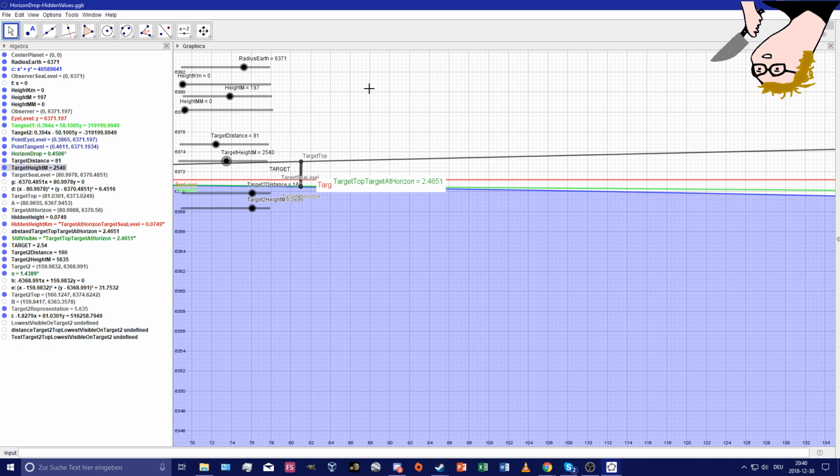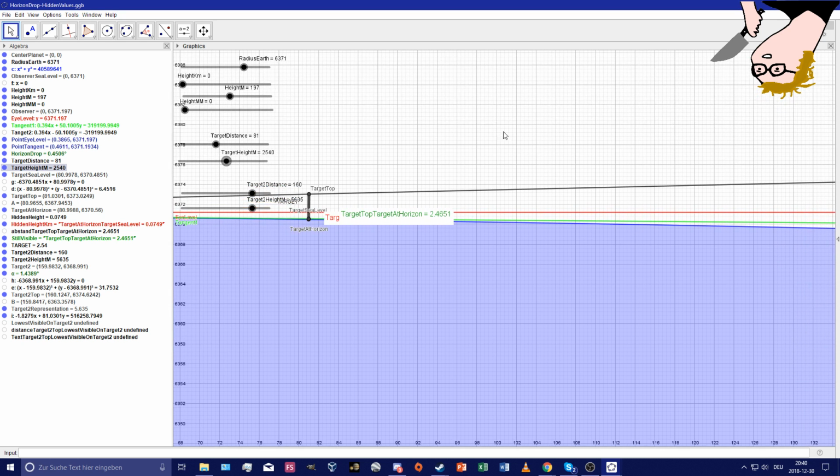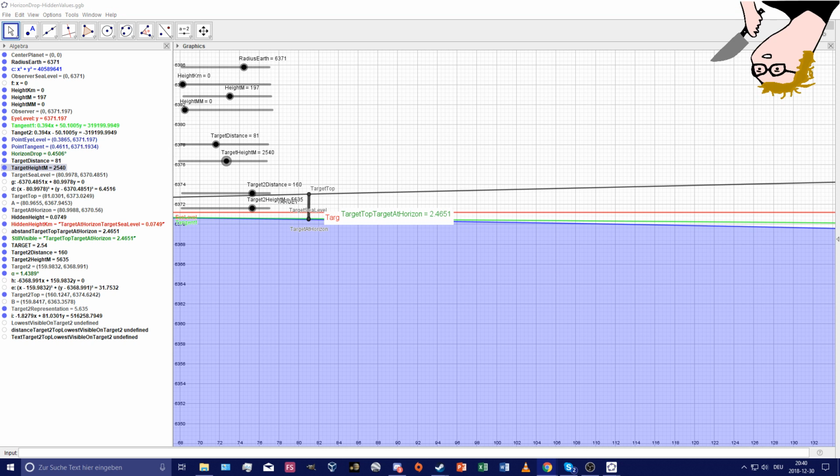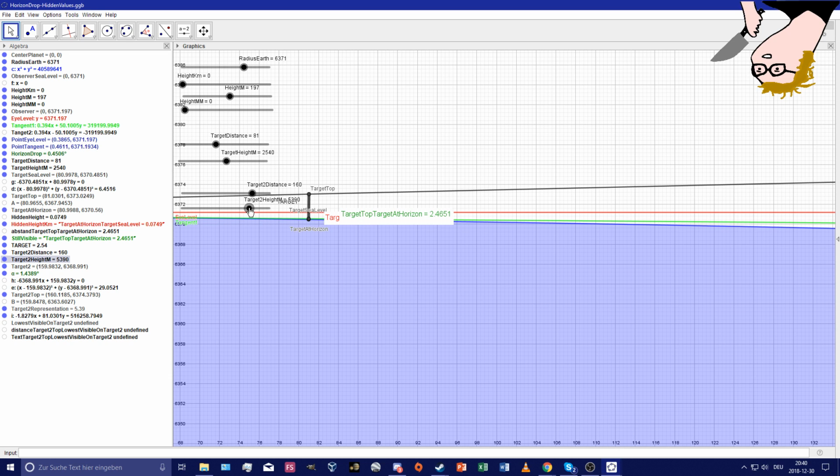Okay, that's 1 meter off, I guess that's justifiable. And Mount Rainier, that one is 4,392.